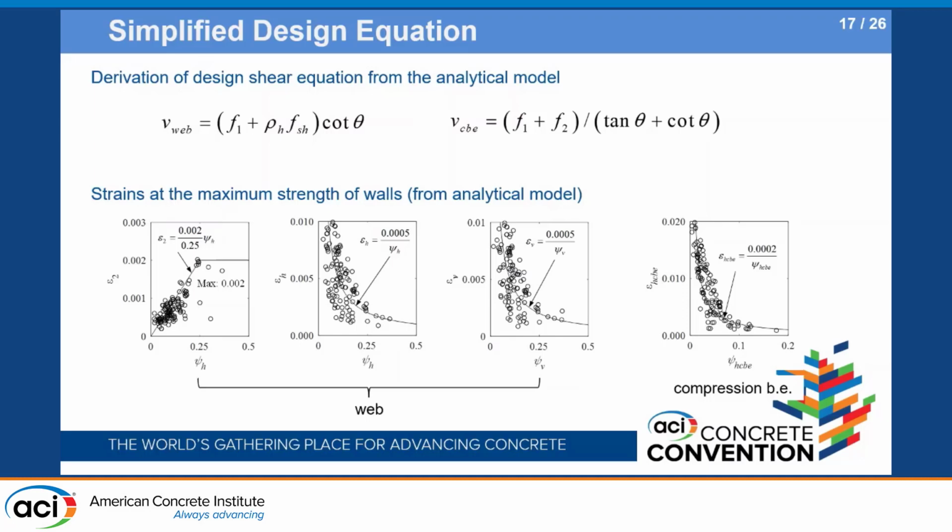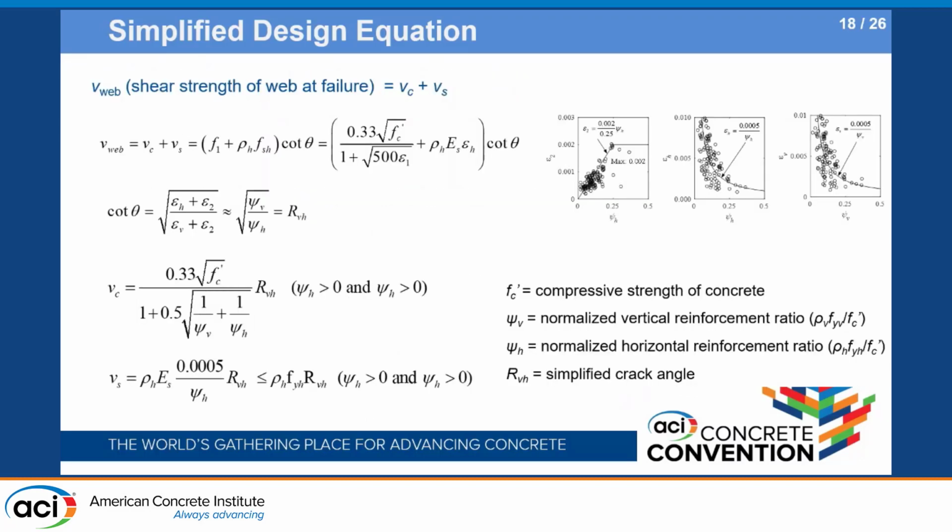The dots represent the estimated strain values at peak strengths from numerical model, and the solid lines are just a simplification of this distribution for the simplified equation. By applying this relationship to the modified compression field theory, you can simply derive the shear strength for web.